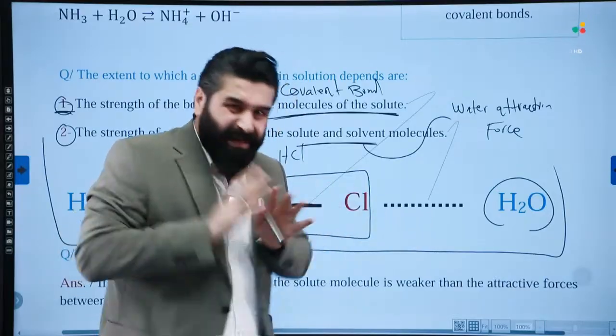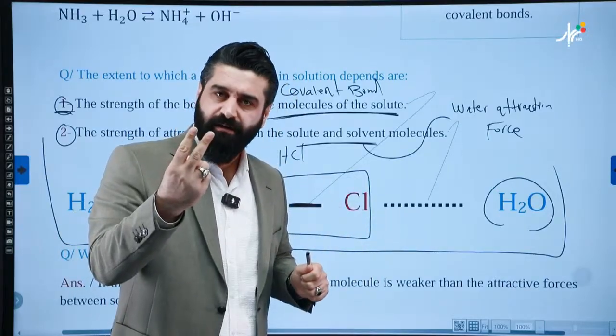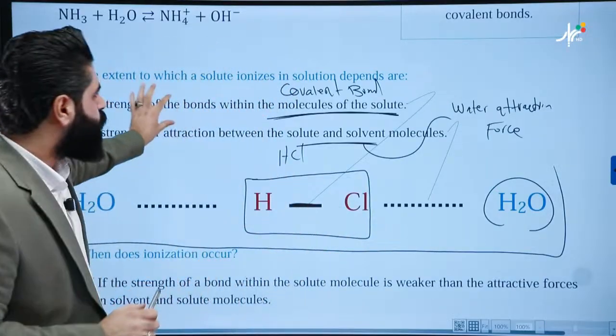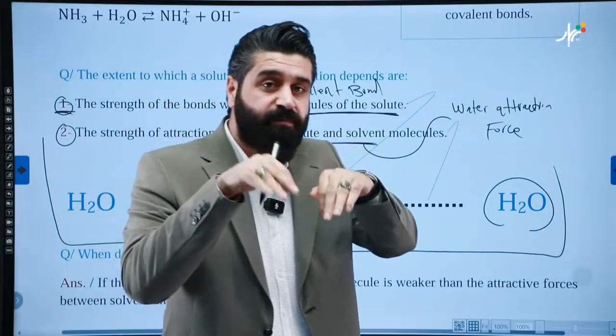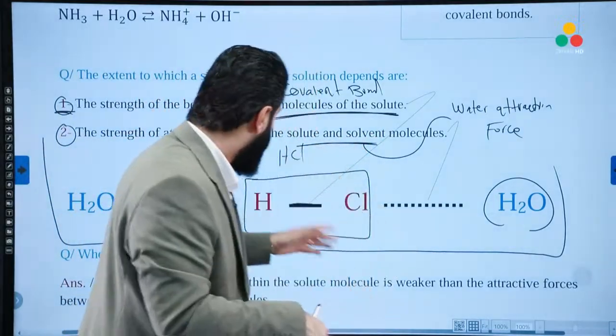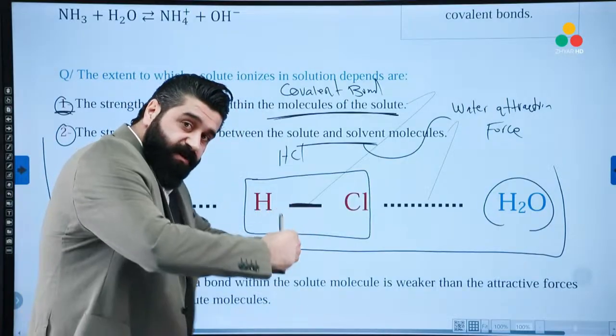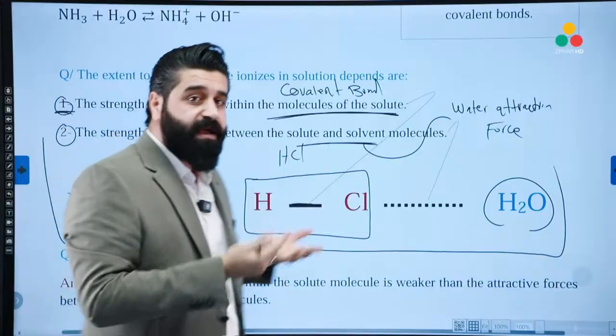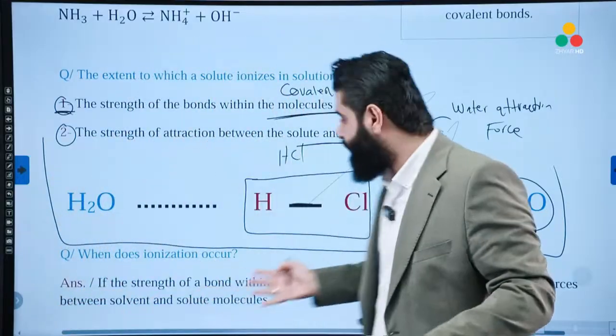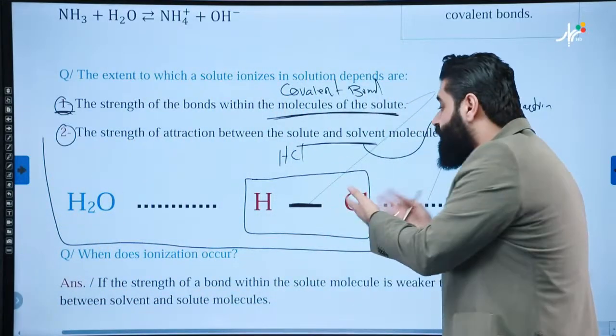Be careful. If the strength of the bond increases, the ionization must be decreased, because if this bond is strong, it will become very hard to be broken to release and form the ions.